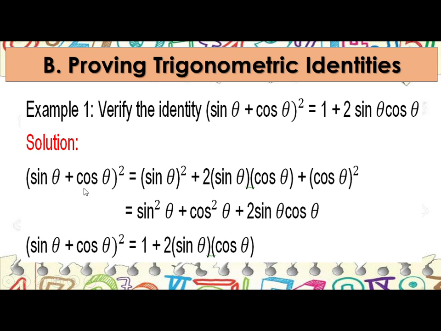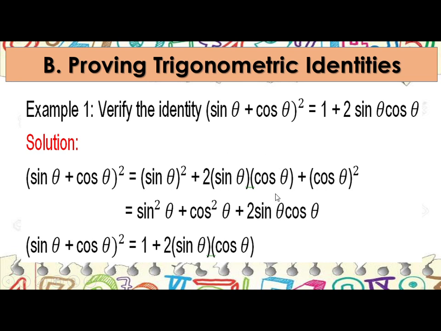You can use the FOIL method, or you can follow the rules wherein you square the first term, multiply the first and the second and multiply it by 2 for the middle term, and then square the last term. So square the first term: sine squared theta.